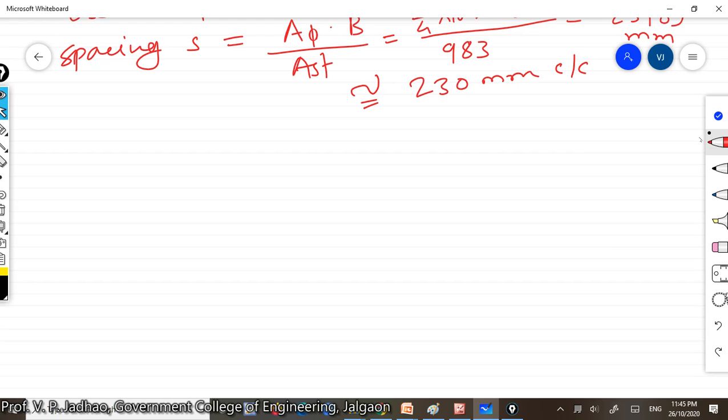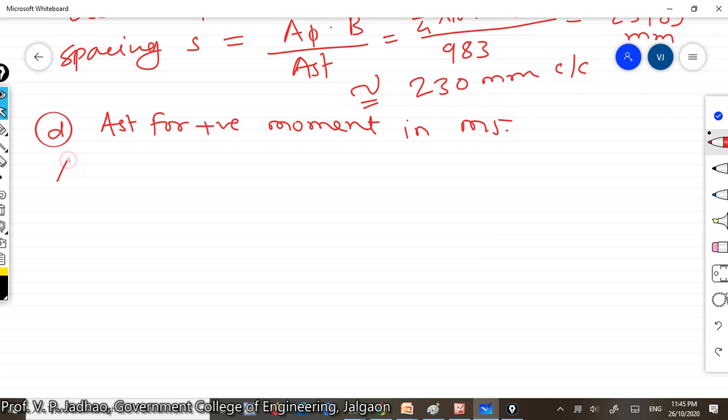Now we have to calculate the steel requirement for positive bending moment. Earlier it was at the support, whereas now we will be calculating for the middle portion of your middle strip. So let us consider step D, that is steel for positive moment in middle strip.